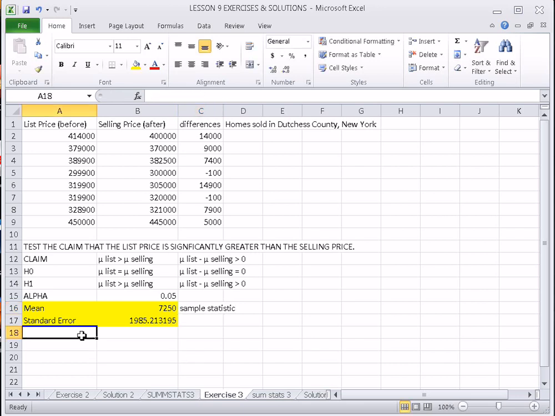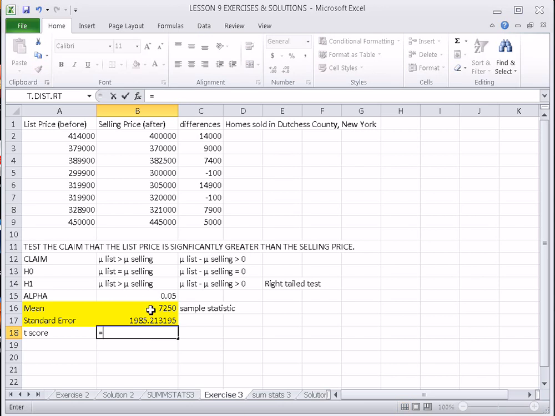So remember, when we are working with claims about means, we have to find a t-score. Before I do that, notice that our claim and our alternative contain a greater than, so this is also a right-tailed test. That means our t-score is going to end up being positive.